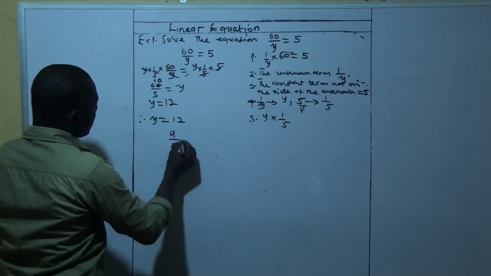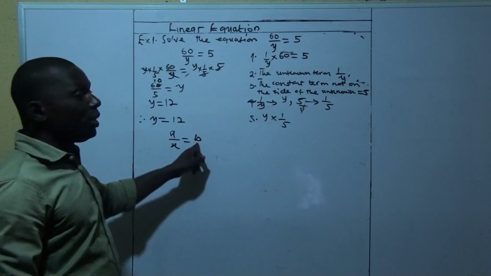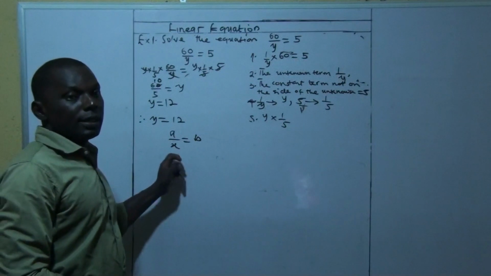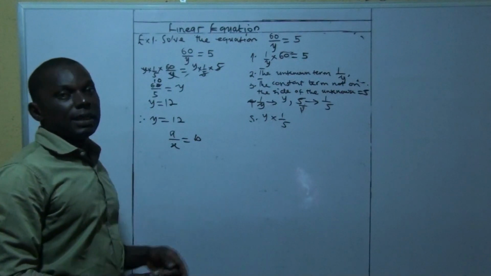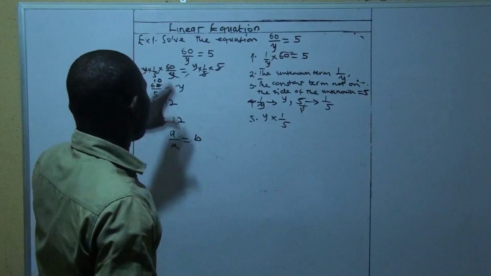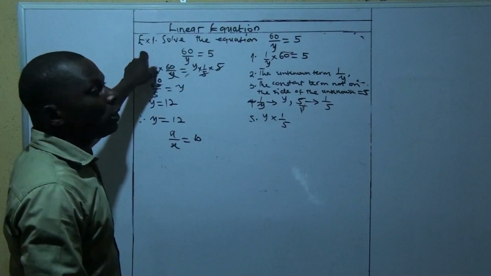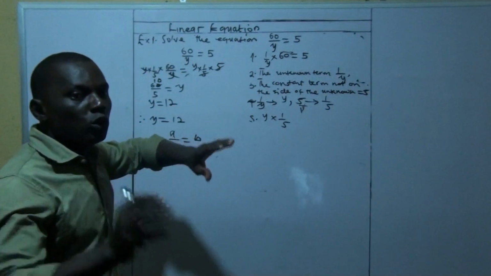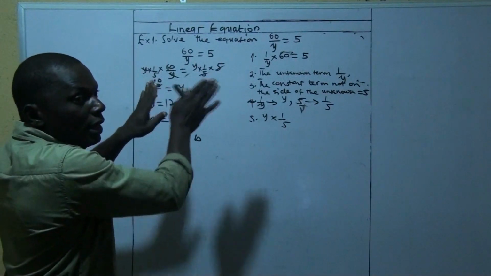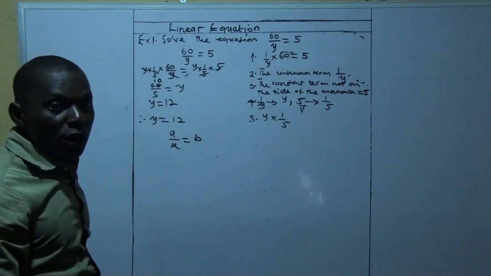This is a very simple way of handling a linear equation of the form a over x is equal to b, where a and b are constants, and the x here is regarded as the unknown term. So that is one approach. I specified 2 linear equations and the steps that we need to follow, and we'll use the procedure to resolve this equation.